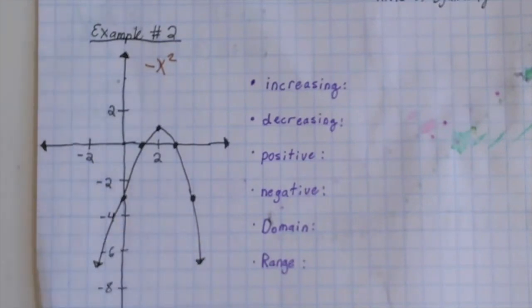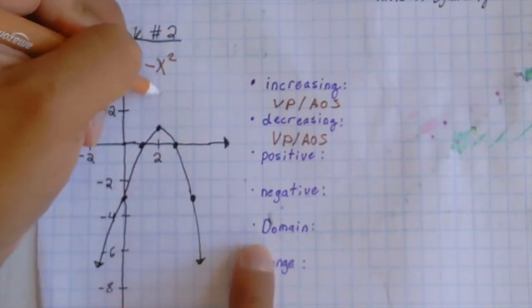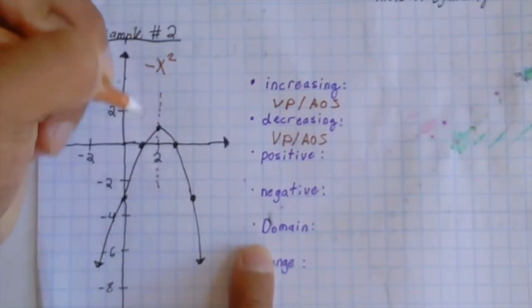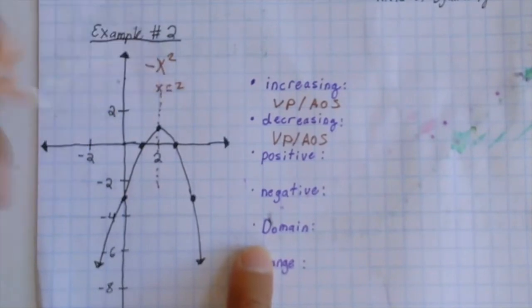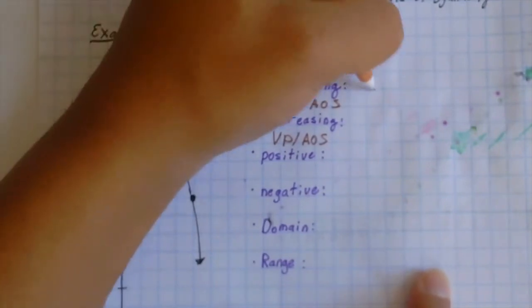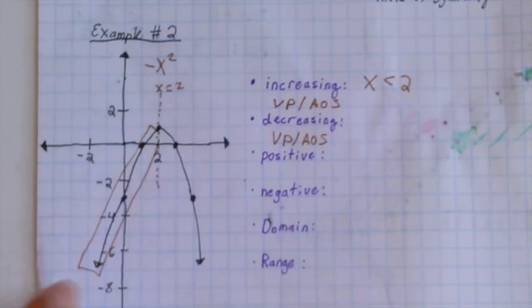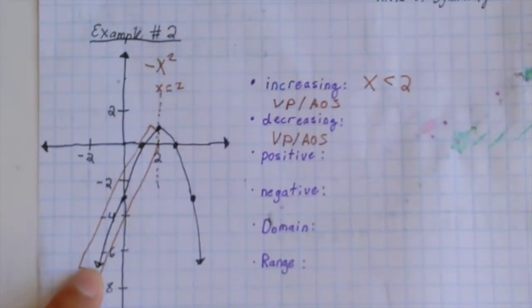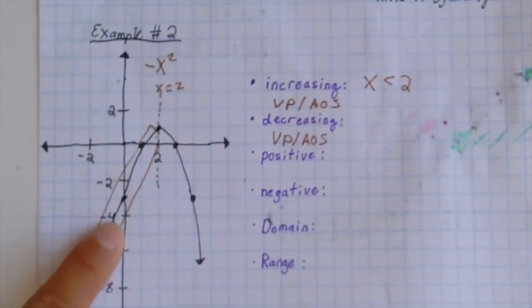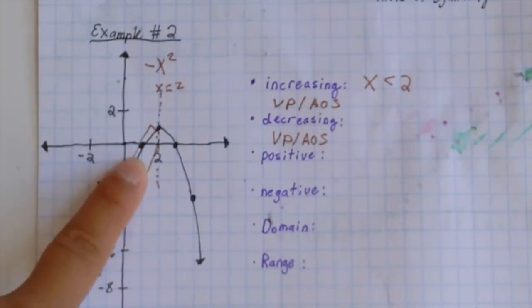Alright? Now let's go on to when is it increasing. We start from increasing all the way to what seems to be x equals 2. Therefore it's increasing for every value less than 2. And I say x is less than 2 because from here, negative 2 is less than 2, negative 1 is less than 2, 0 is less than 2, 1 is less than 2.